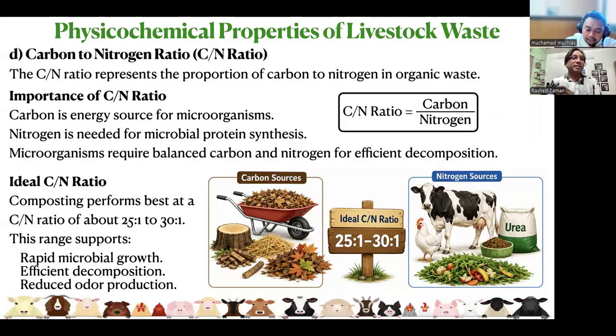That is why in this range of carbon to nitrogen ratio, rapid microbial growth occurs. Microorganisms can grow much faster between these ratios, and that is why it is also efficient for decomposition, and it ultimately reduces odor production, because balanced decomposition reduces accumulation of excess nitrogen and ammonia smell is decreased in this range.